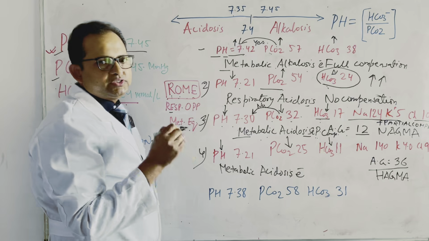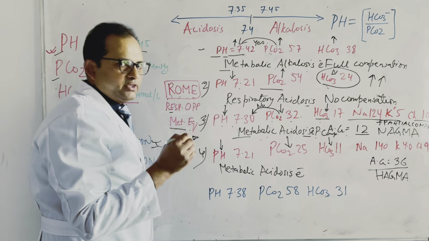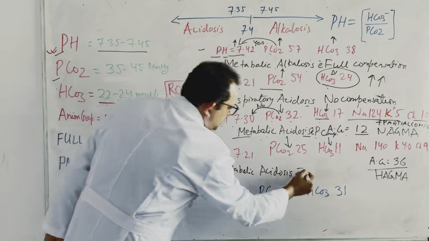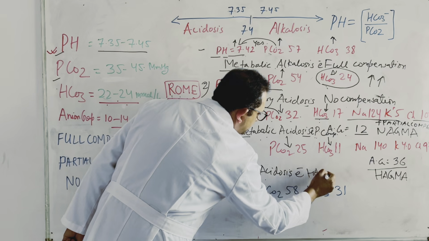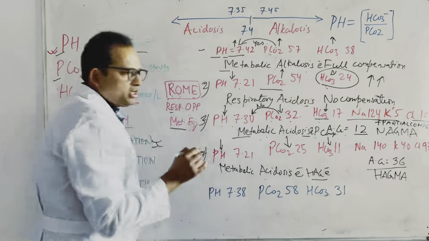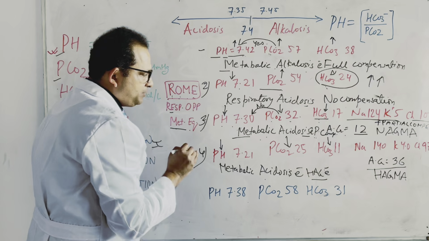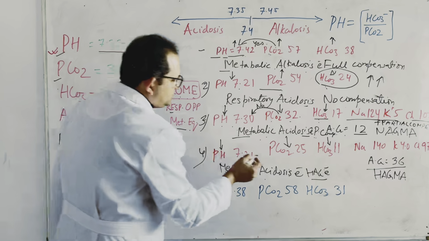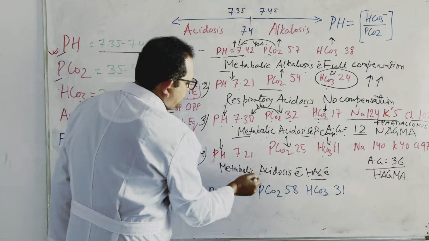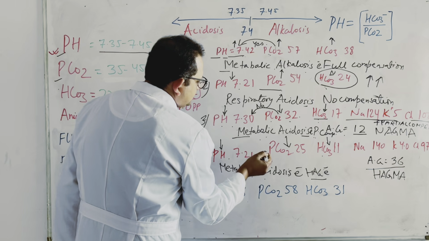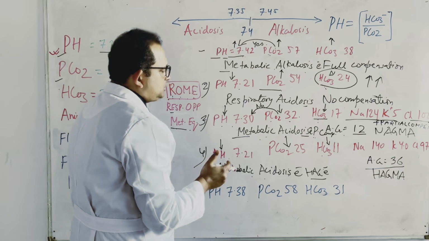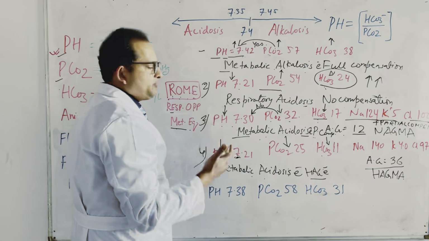Again you have to look for the diseases and conditions associated with HAGMA. So the diagnosis will be metabolic acidosis with high anion gap, with partial, full or no compensation, which we will calculate now. Here HCO3 is low, pH is low, metabolic acidosis. So the PCO2 should ideally be low to eliminate the H plus ion from the body.